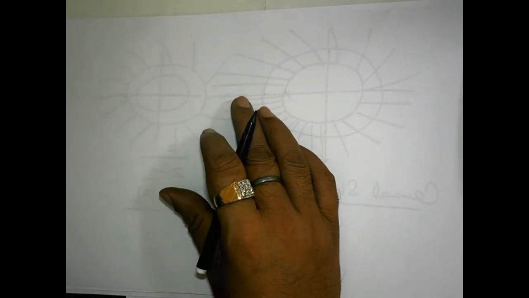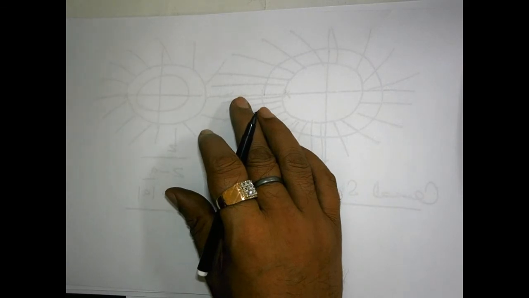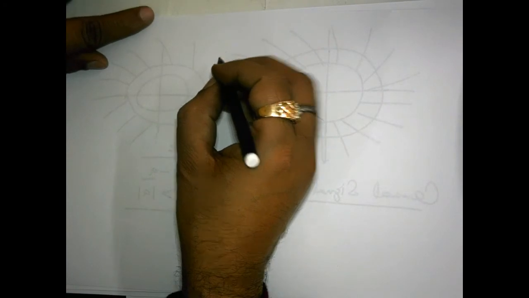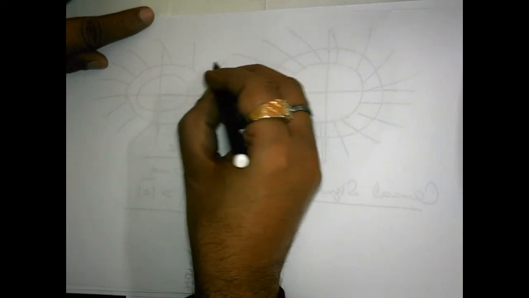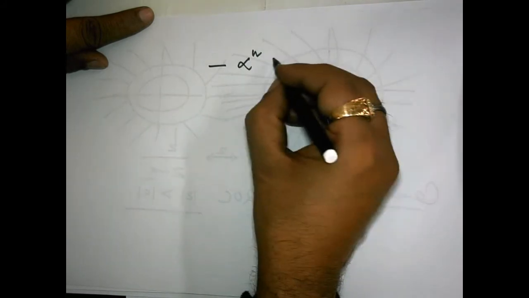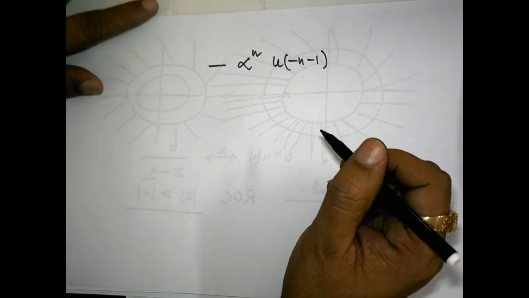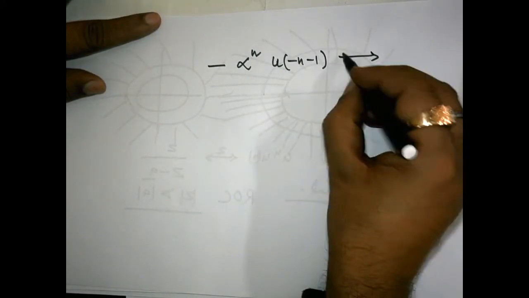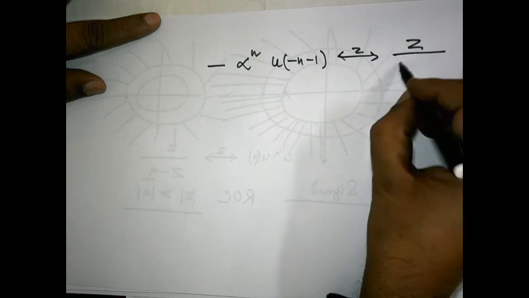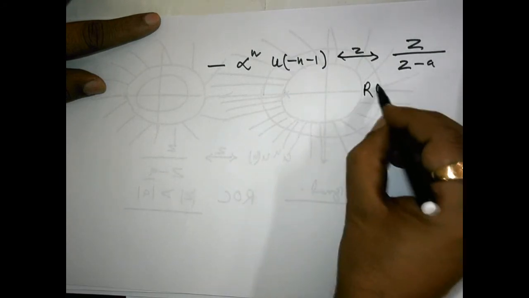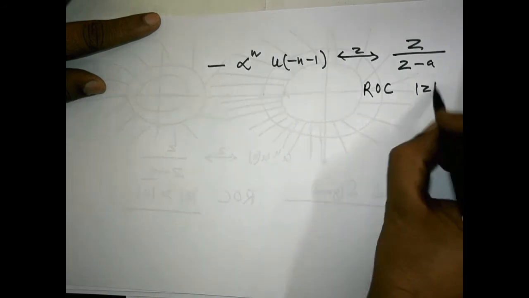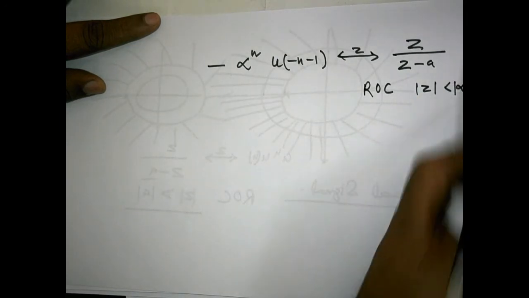Just for the sake of example, I am taking an anti-causal signal like minus alpha to the power n u[minus n minus 1]. This has Z transform z over z minus a, and region of convergence mod z less than mod alpha.